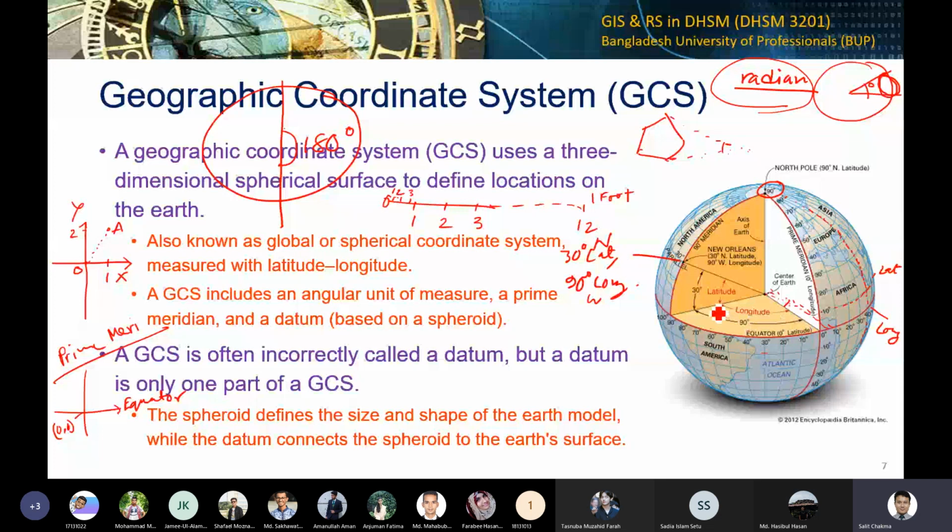So you can go westward, you can take a round, and you can go till 90 degrees, and northward you can take 30 degrees angle from the center of Earth, and the line crosses at some point on the Earth's surface, and that point has the locational value of 30-degree north latitude and 90-degree west longitude.